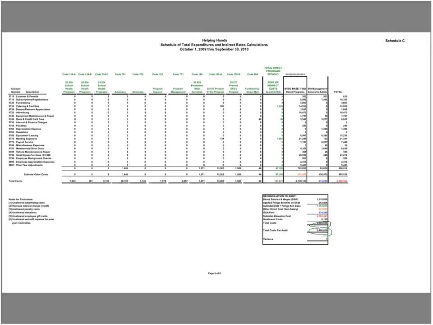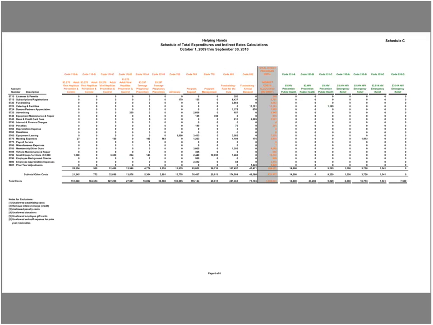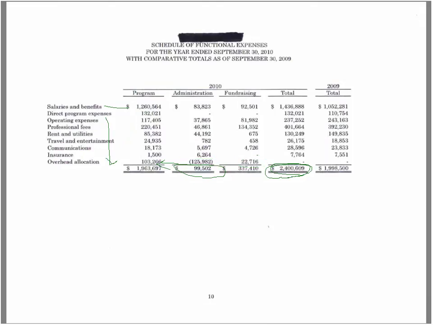So again, however you do this analysis, it's very important. Everything reconciles back to the audited financial statements. If it doesn't, the government's going to have a problem. Not going to be very happy about all of this. So it's just something to think about as you start to develop your numbers. And remember that it can be done.